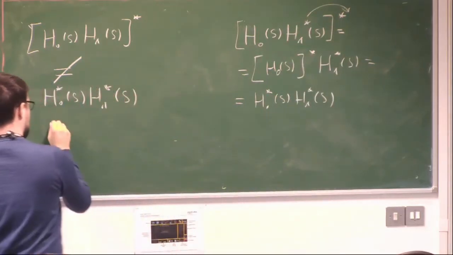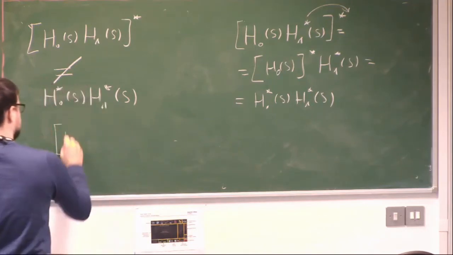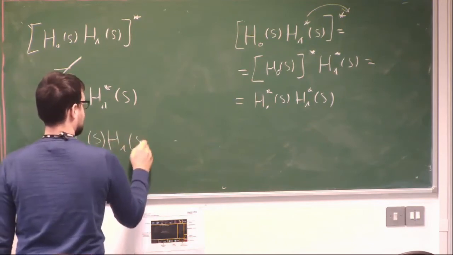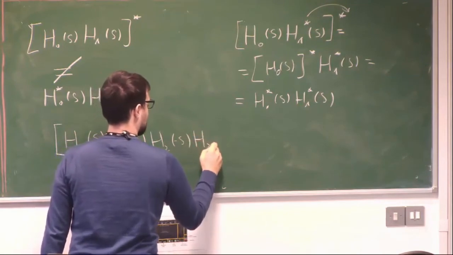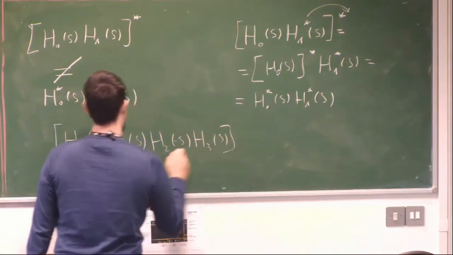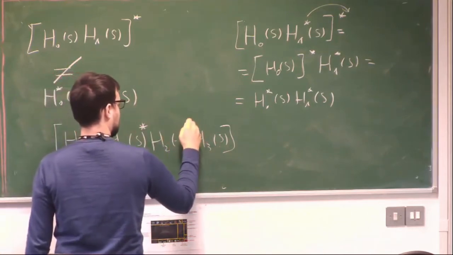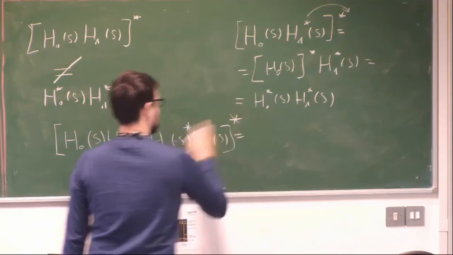More in general, let's consider the example h0 times h1 times h2 times h3, where, for instance, h1 and h2 are starred, and then we want to compute the starred version of this.